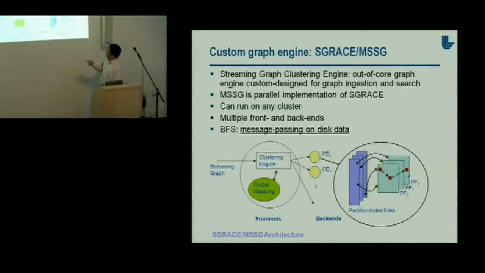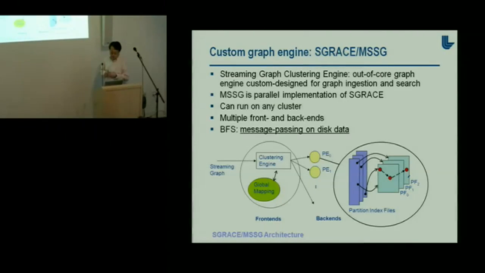The input to the system is the streaming edges, and we try to collect these edges into an adjacency set in memory at the front ends. But eventually this memory buffer will fill up, so at that time we send it out to the backend nodes for storage. Because the adjacent vertices come in as a block, in bulk, at unscheduled times, we just chained these blocks of vertices to improve locality.